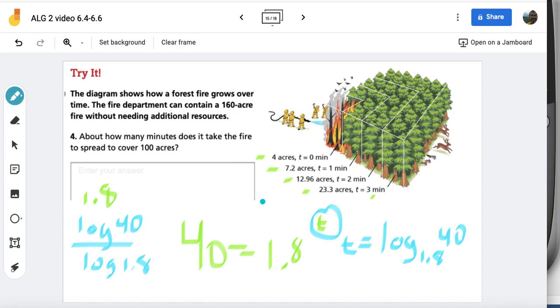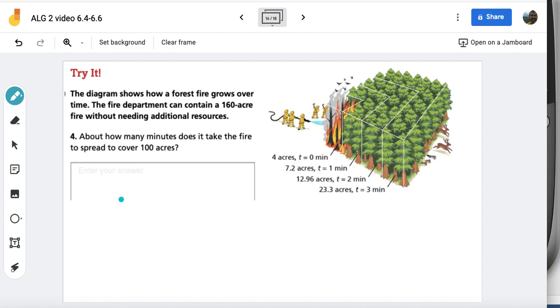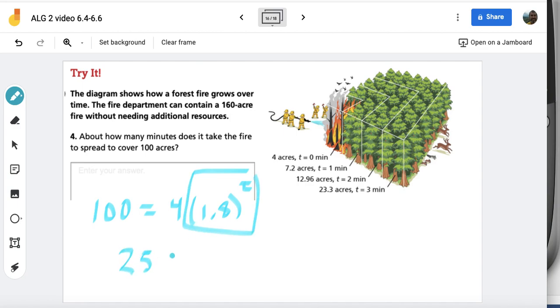Instead of equaling 160, it's going to equal 100. And that equation was, we start off with 4, and we have 1.8 to the t. We divided both sides by 4 to get this part by itself. So 25 equals 1.8 to the t.